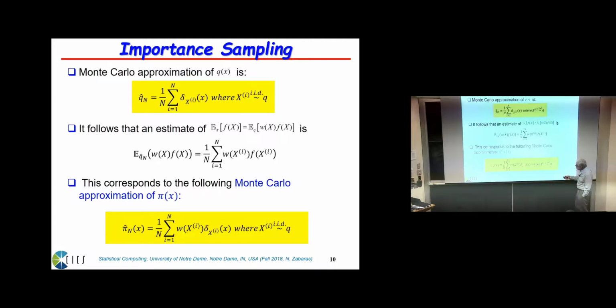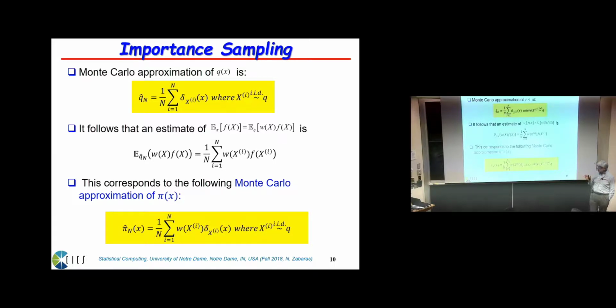We have these delta functions that were introduced here, but the weights account for the fact that these are not samples from pi, they're samples from q. By the way, you might say, I don't believe you, why is this correct? Well, take this and compute the expectation of that, and you will see that you get that result. So I'm basically doing this calculation in reverse, and this is the Monte Carlo estimation of pi, where the samples are coming from another distribution, not from pi, but from q.